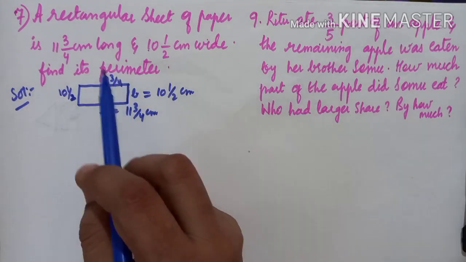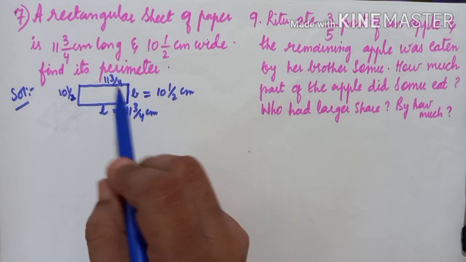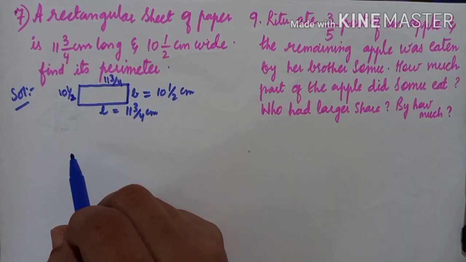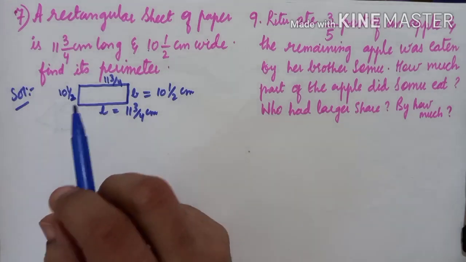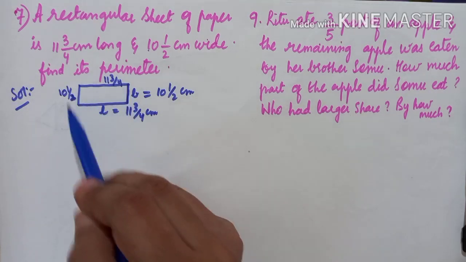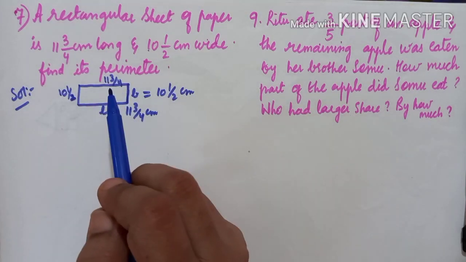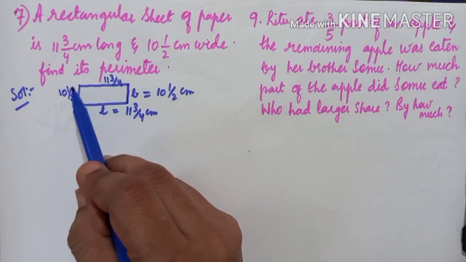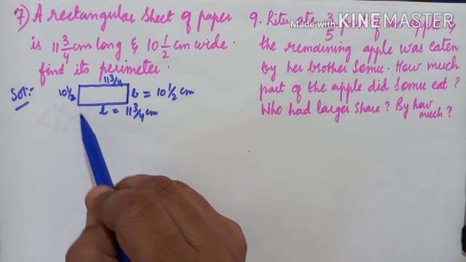Now you need to find the perimeter of this rectangular sheet. Always remember, perimeter is nothing but the total sum of length of all the sides. If you don't know the perimeter formula, you just have to add up all the sides.